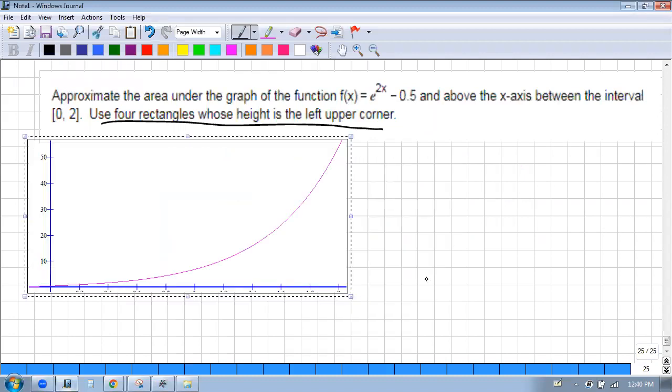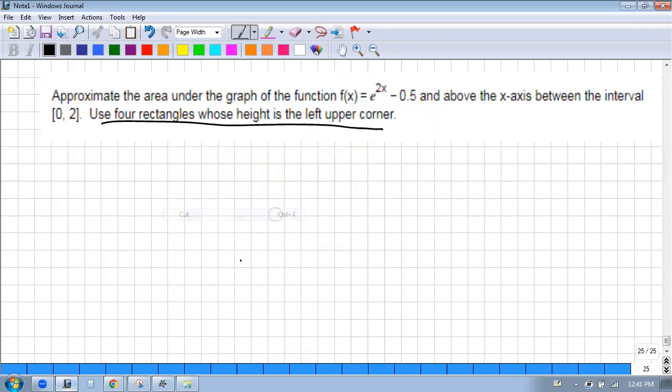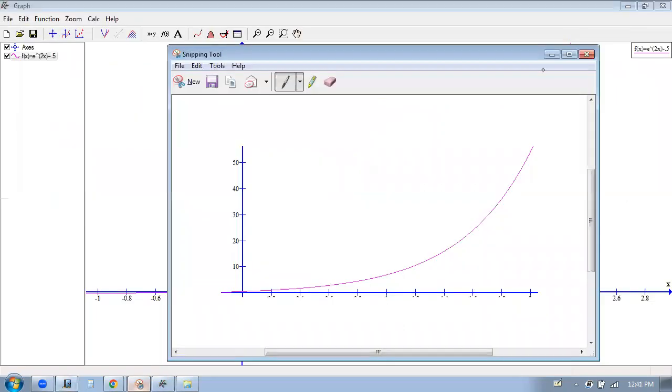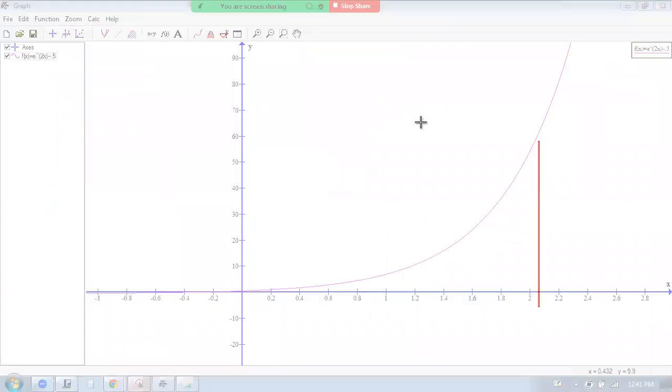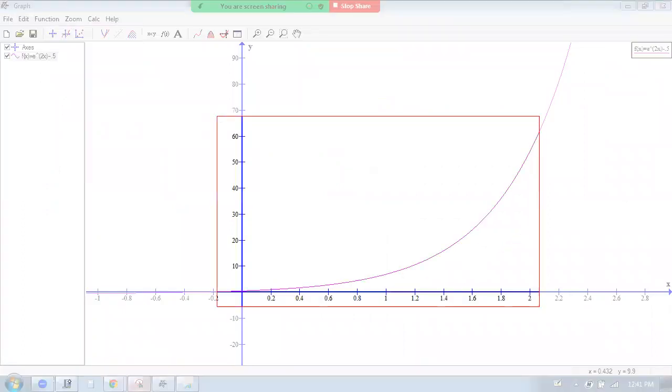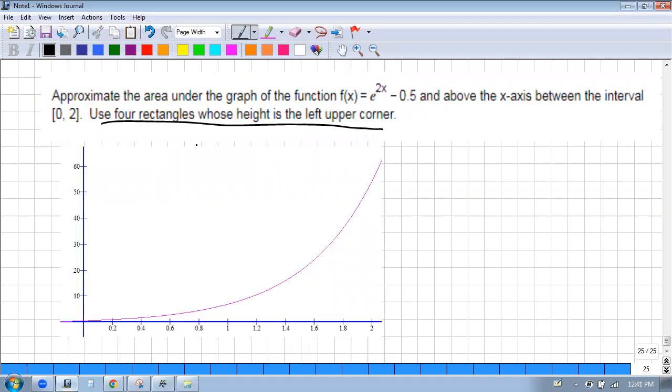They want us to have, and I need the numbers. One more time. Four rectangles whose height is the upper left corner. Oh, so we need to take from 0 to 2 and divide it into four rectangles. So that means a width of what?